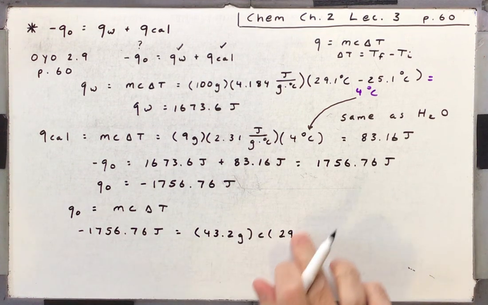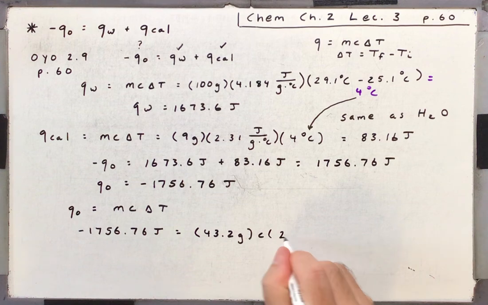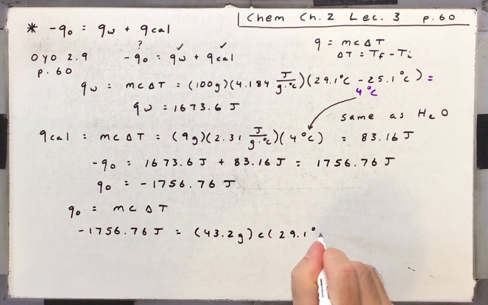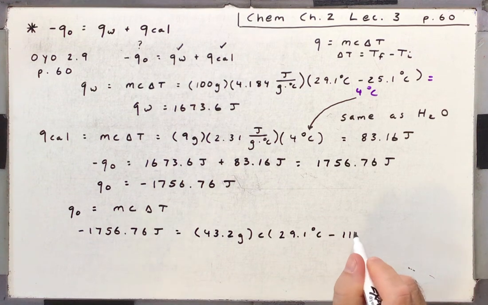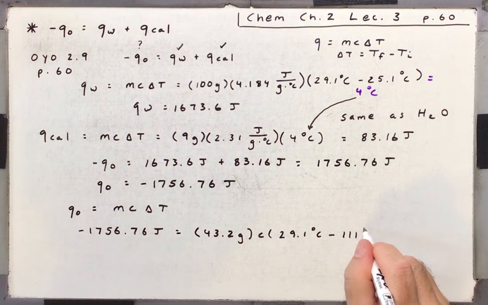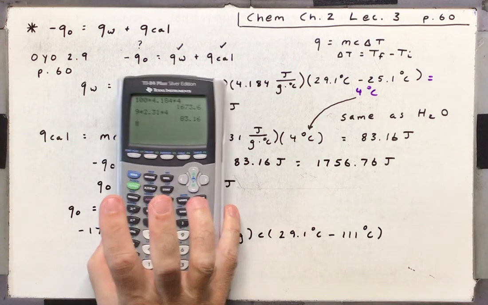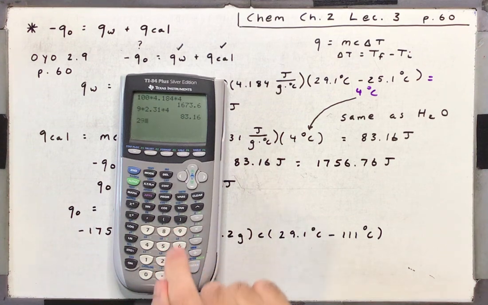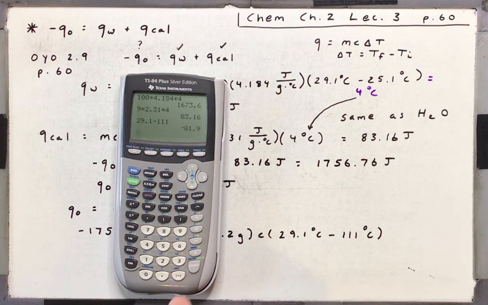Our initial temperature of the object is 111 degrees C. So 29.1 minus 111 is negative 81.9.